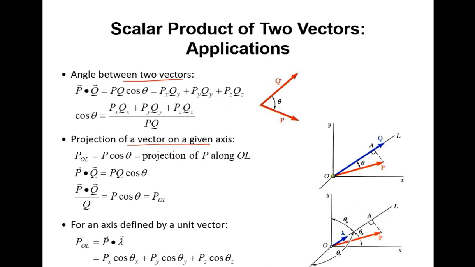Now, if I say Q dot P, Q is a vector, P is a vector. Now, if I say Q dot P, then this means projection of Q on P. Can I say that Q dot P means projection of Q on P?